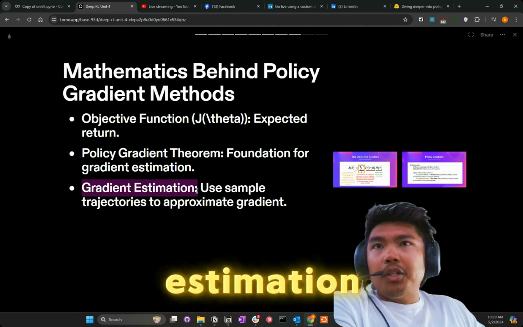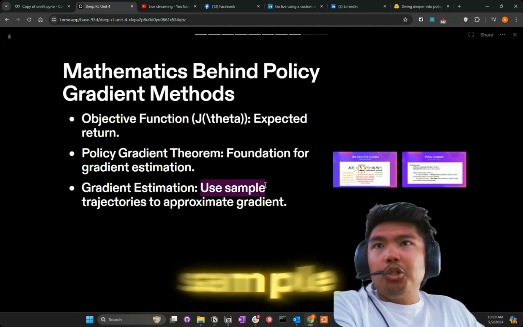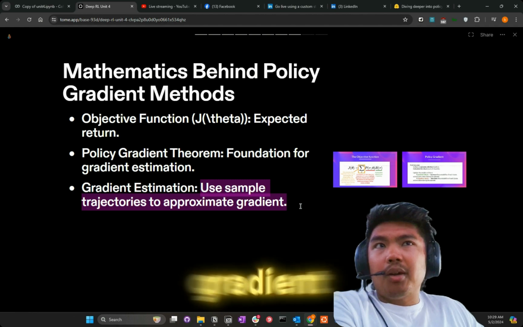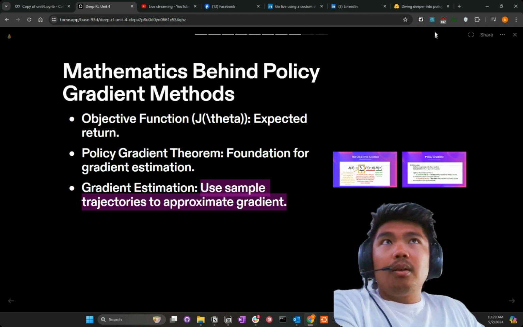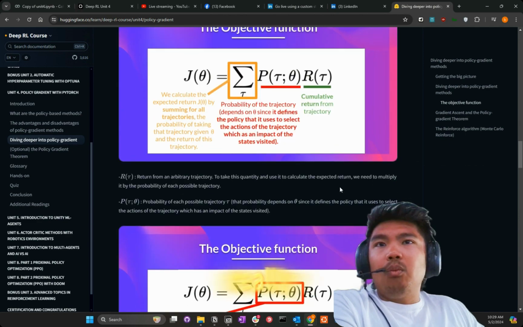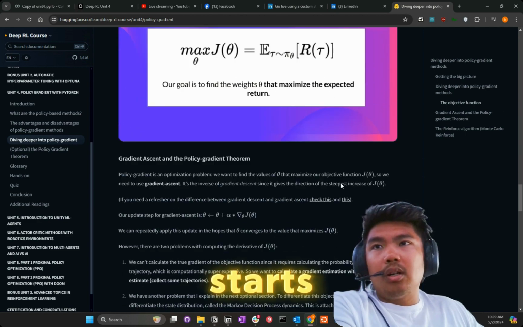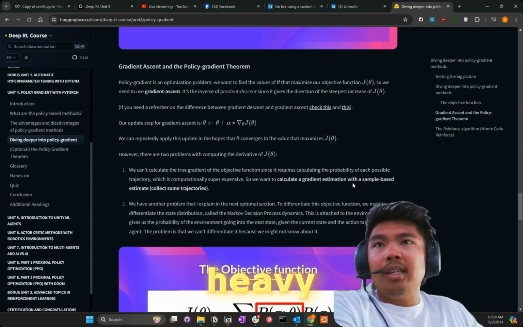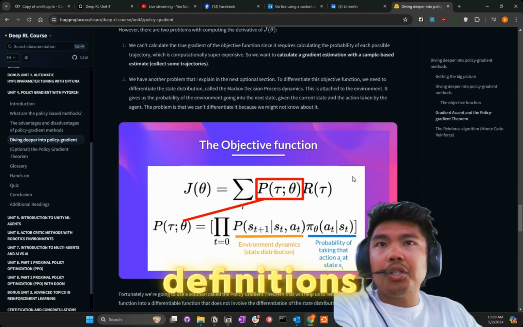In gradient estimation, we use sample trajectories to approximate the gradient. This is when it starts to get into the heavy mathematical definitions.